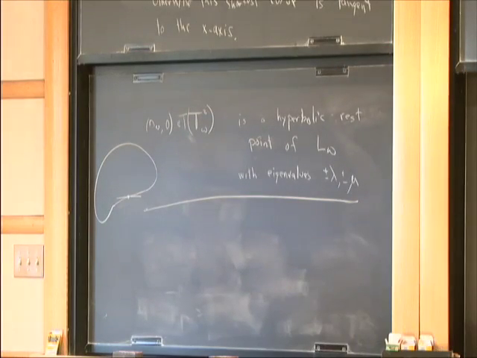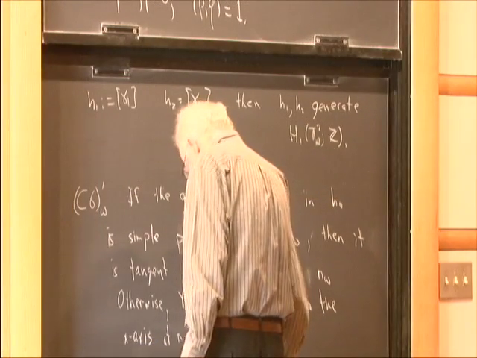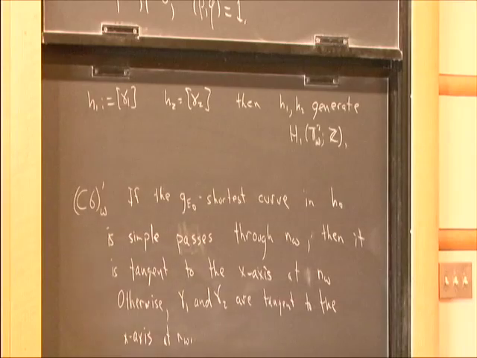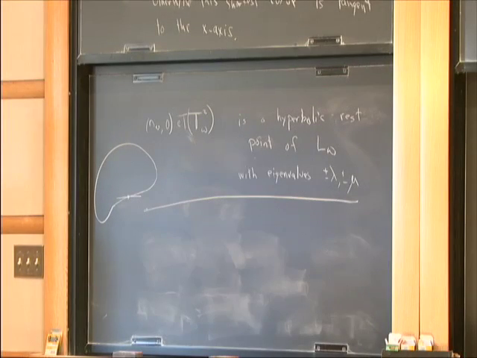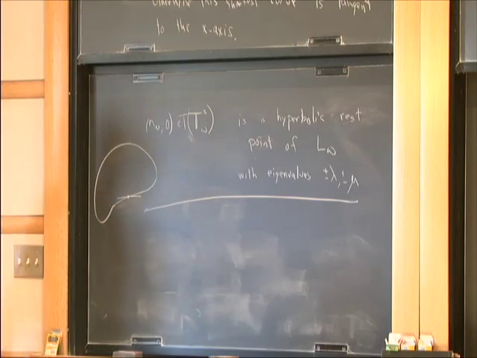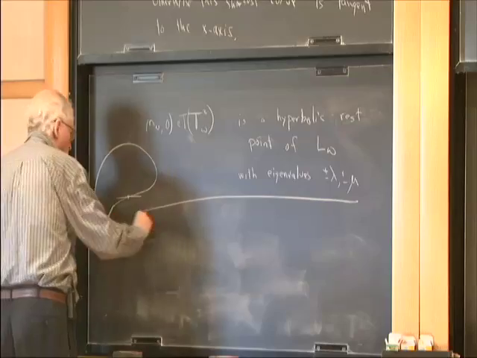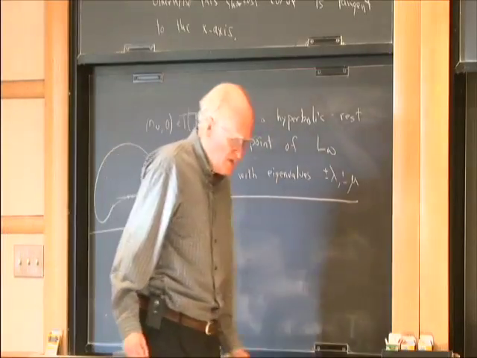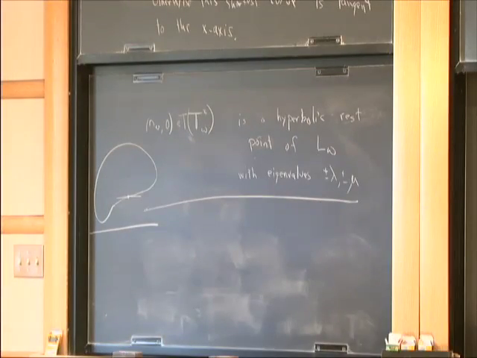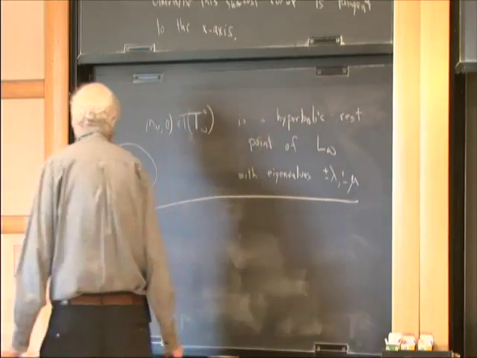Now, another condition I need is a generalization of the condition of being non-degenerate in the sense of Morse to this situation. I mean, you can say that the shortest curve is non-degenerate in the sense of Morse. Maybe I should say that right now. If I have a shortest curve which doesn't pass through n omega, then you know what it means to be non-degenerate in the sense of Morse.